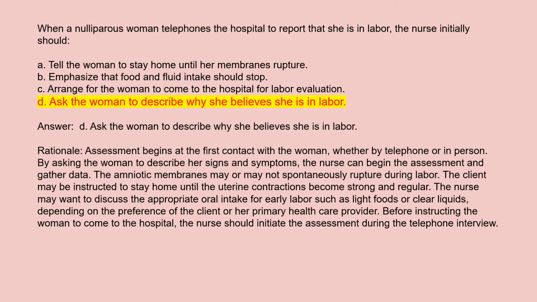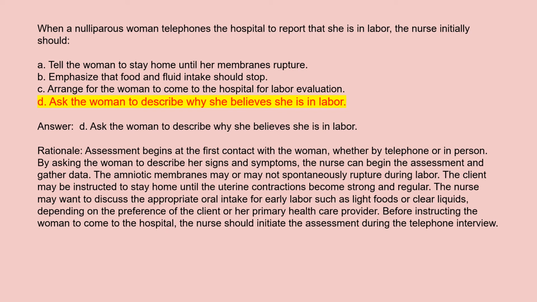Answer. D. Ask the woman to describe why she believes she is in labor. Rationale. Assessment begins at the first contact with the woman, whether by telephone or in person. By asking the woman to describe her signs and symptoms, the nurse can begin the assessment and gather data. The amniotic membranes may or may not spontaneously rupture during labor.